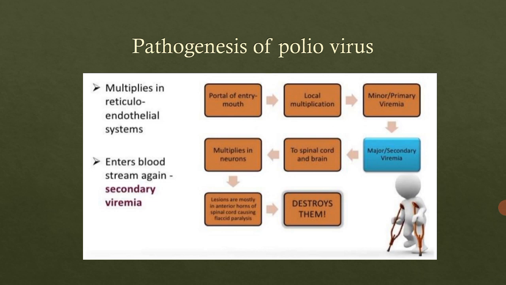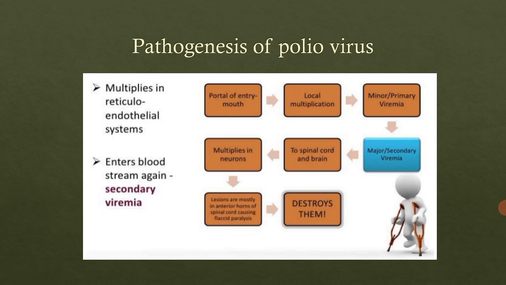The viral genome will multiply. Due to this local multiplication, the primary viremia will develop. What is viremia? The presence of virus in the blood, and therefore the primary viremia will occur.